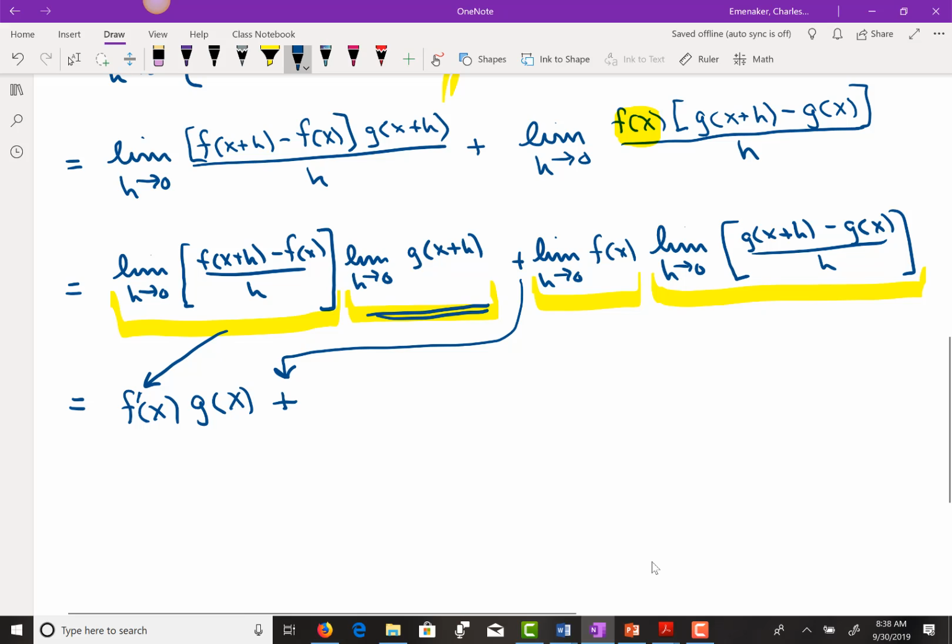In the first factor, see it says the limit of f of x as h goes to 0. Is there even an h in there anywhere? So is it going to affect anything? It's not going to affect anything. All we're going to get back is f of x. And then for the last factor, this one. What's that? Yes, sir. That's g prime. You got it. So this whole mess here is nothing but g prime of x.